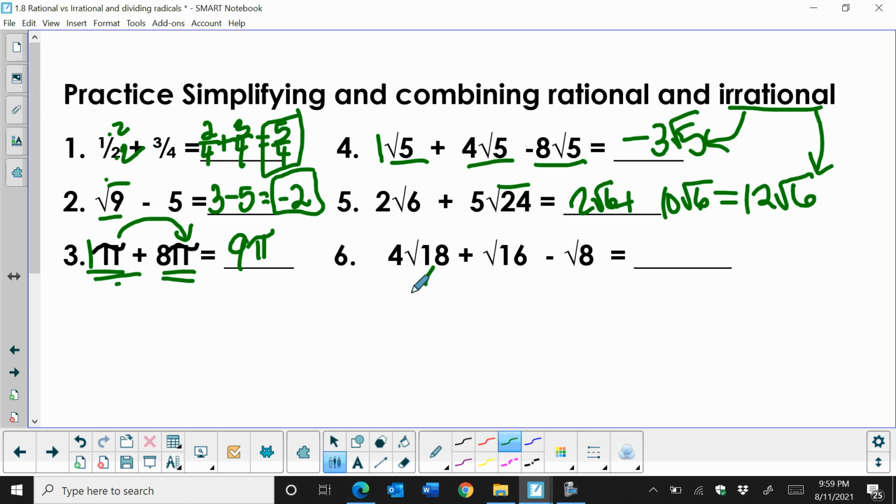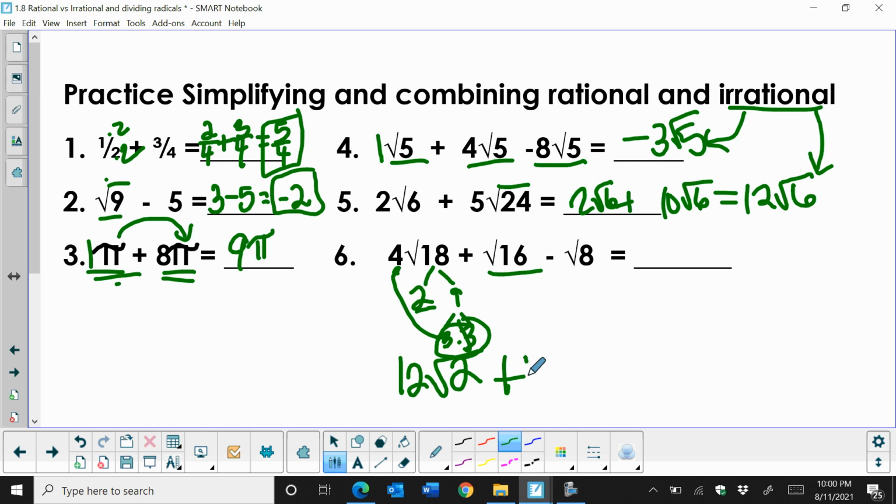18, we break down to 2 times 9, and then 9 is 3 and 3. So we can jailbreak a 3, right? 3 times 4 is 12 square root. What's left? 2. Okay, what can we do with 16? Well, I hope you remember from yesterday when we made the list.